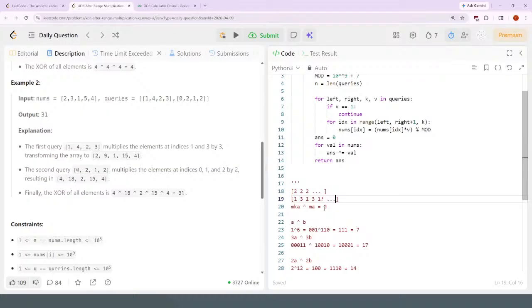And then for every index, it needs to figure out what the correct new multiplier is. 1 times 2, and somehow that times 3, and somehow that is then divided by 3. Is that right? Times 2 times 2 times 2.